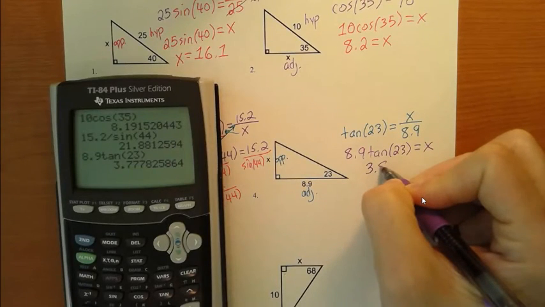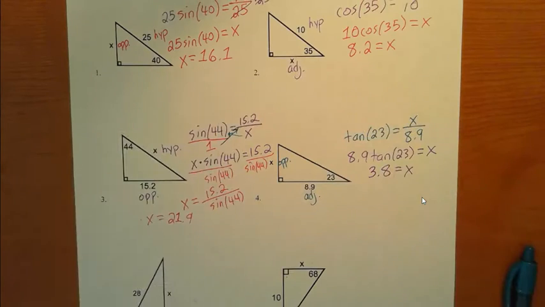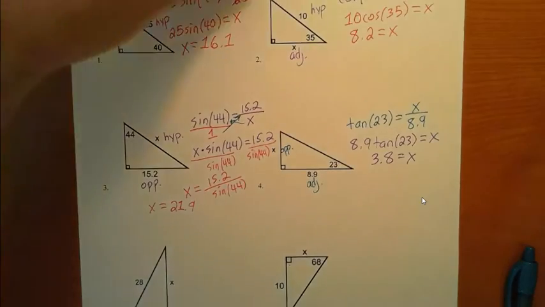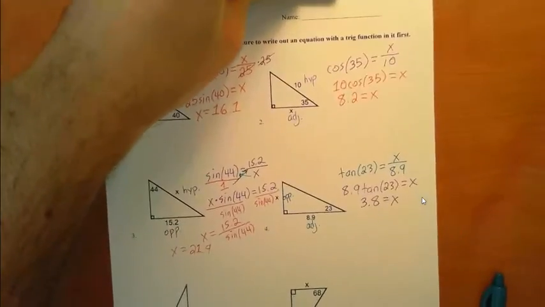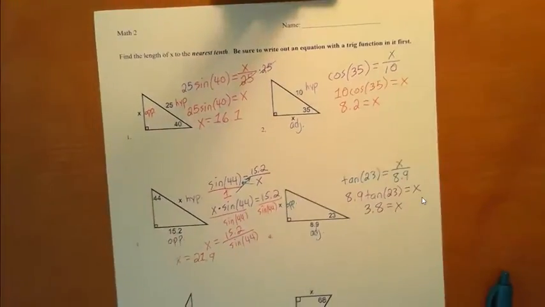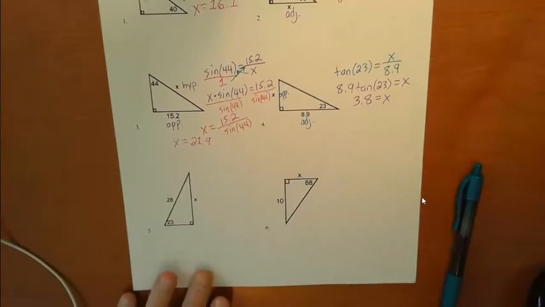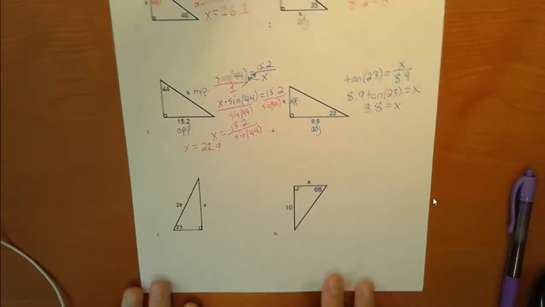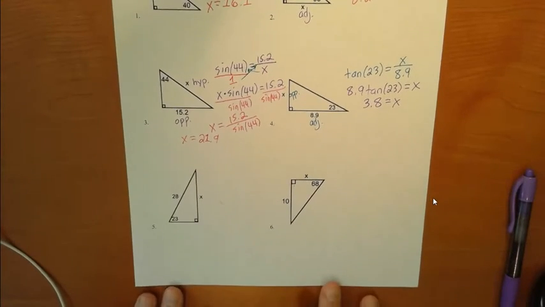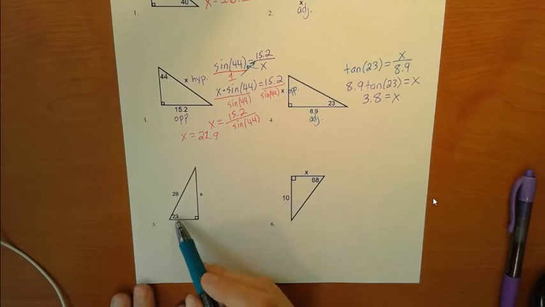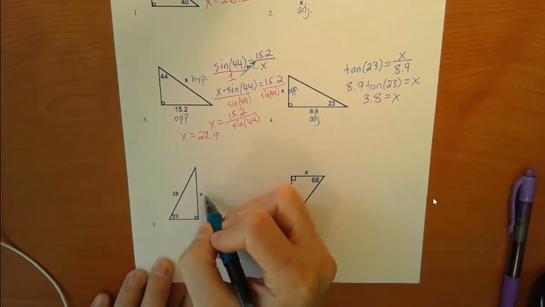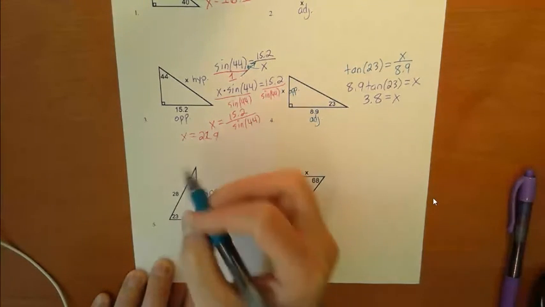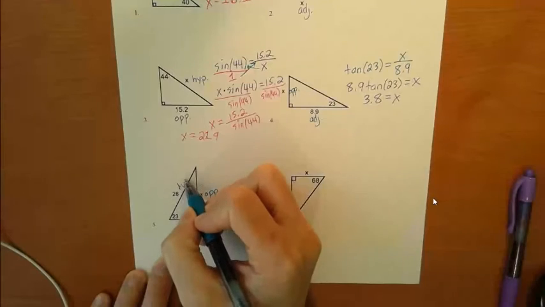So lots of good examples so far of solving for trig. We are now on the last two examples of doing this with straightforward, similar problems. So in number 5 in the bottom left, we are looking at a 23-degree angle, making this the opposite side and the hypotenuse side.